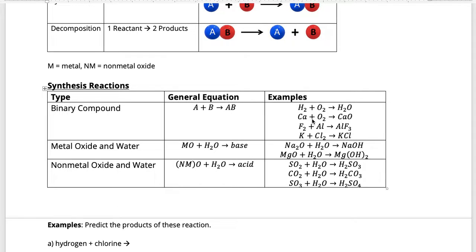For the first one, you can understand this as an element, and then it makes a compound. What we're seeing here with our examples is that we have our element. I know with element you're thinking of H on the periodic table as an element, right?